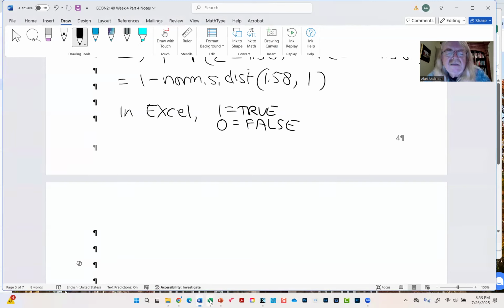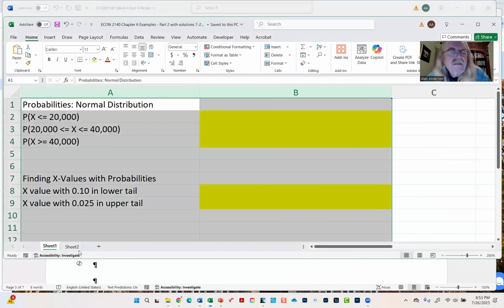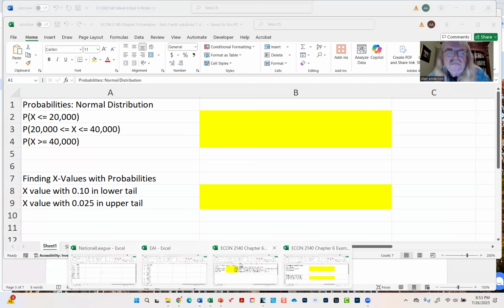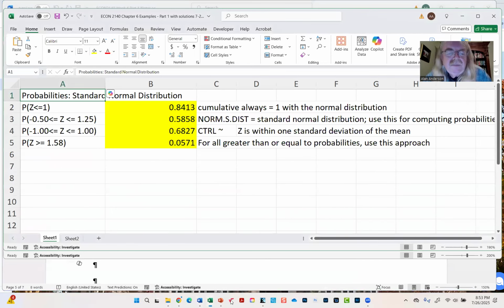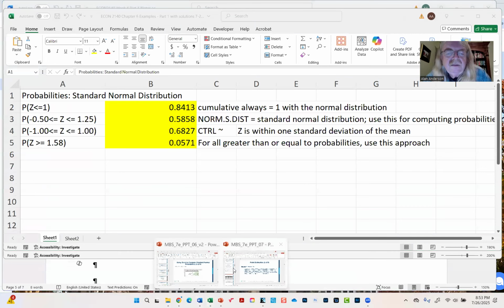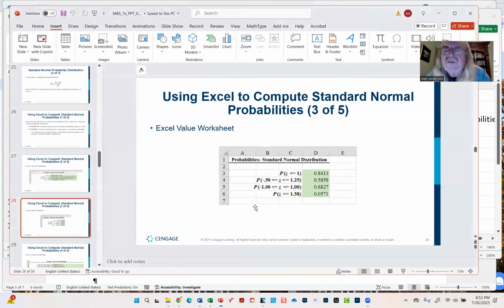Whoops, wrong one. 0.8413, 0.5858, 0.6827, and 0.0571.